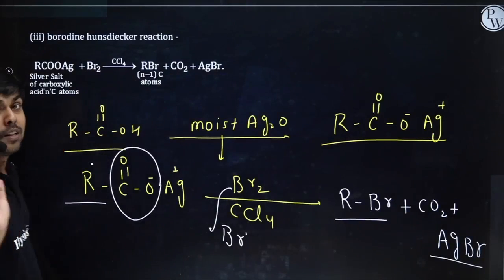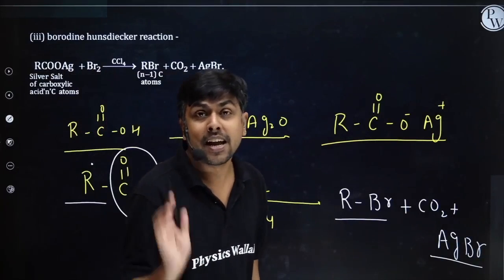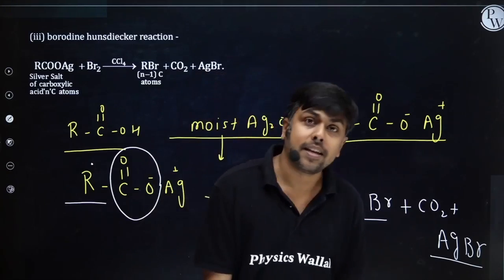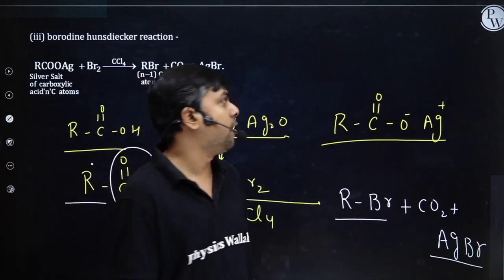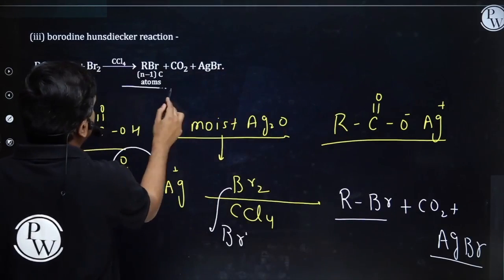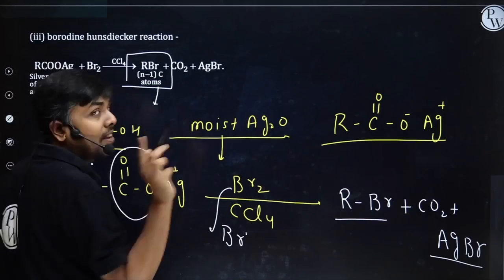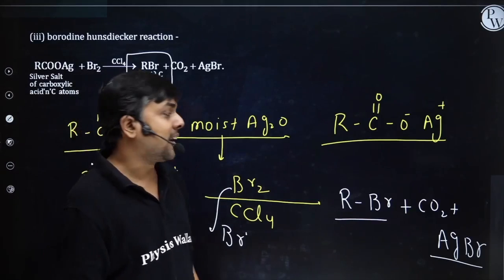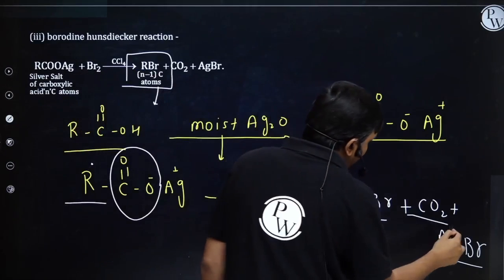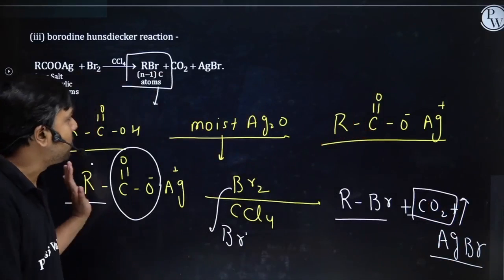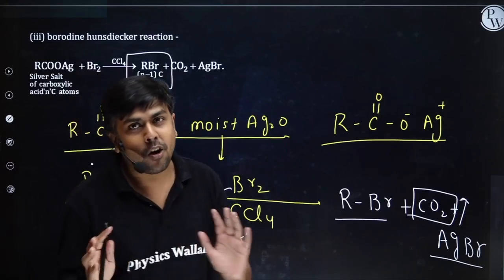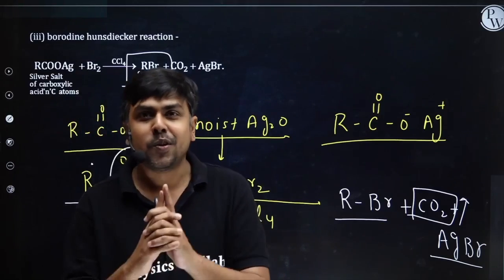So whenever silver salt of carboxylic acid is treated with bromine in the presence of non-polar solvent, we will have the formation of alkyl halide with one lesser carbon atom, because one of the carbon atoms is getting removed in the form of CO2 gas. I hope this particular reaction is also crystal clear to you all.